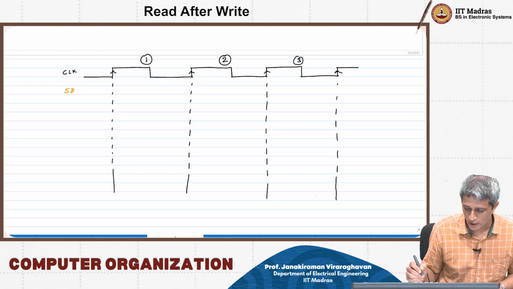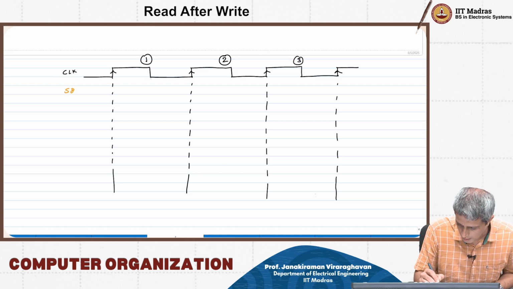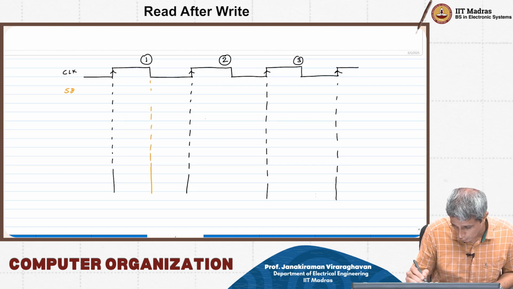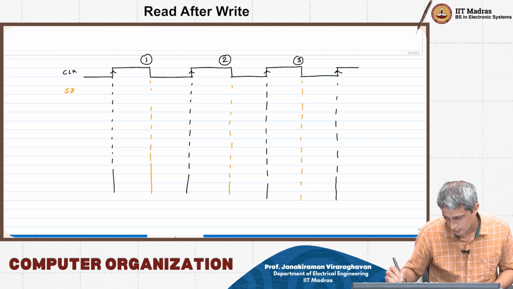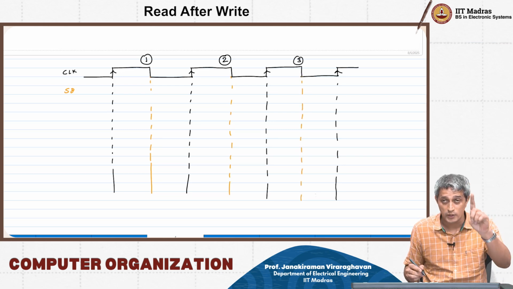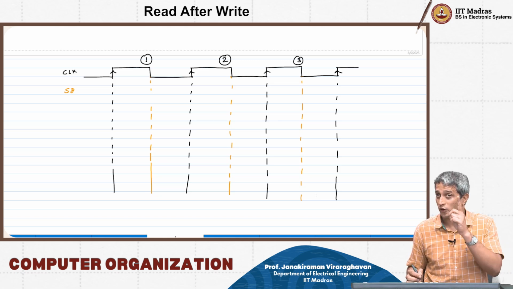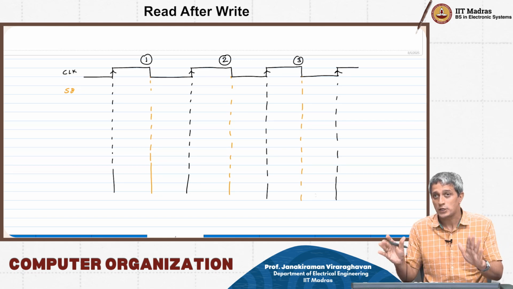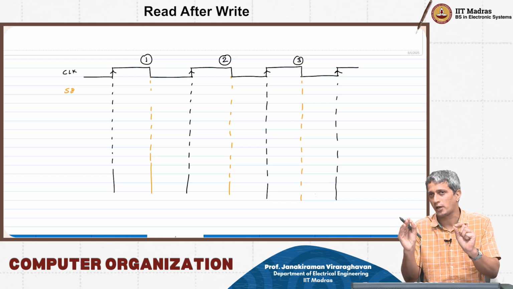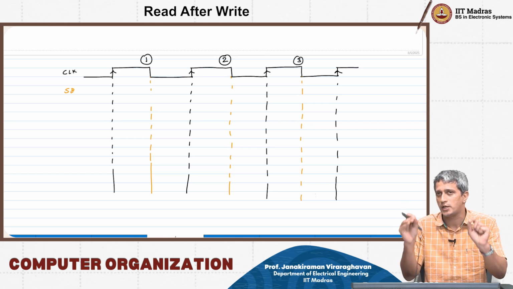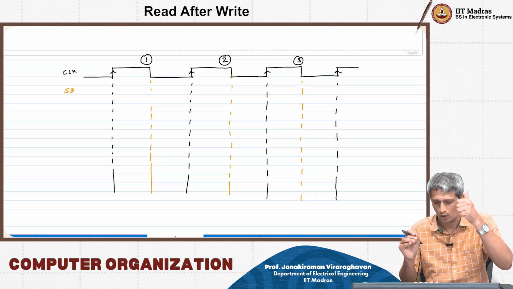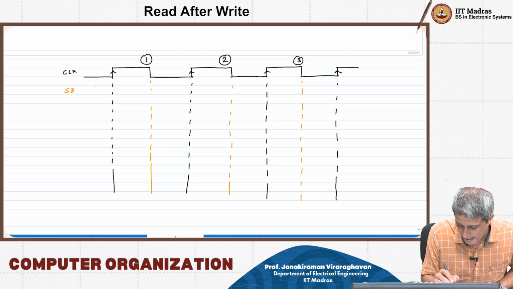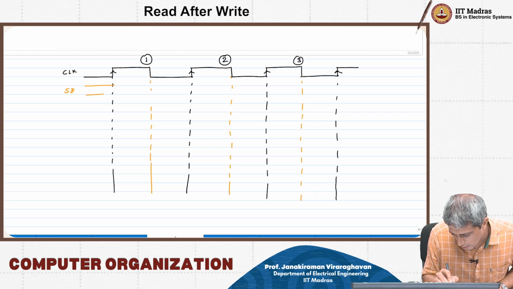Now I will also mark in orange here the falling edge, because I am also interested in clock bar, because the falling edge of the clock is where the rising edge of clock bar will be. Therefore the register file alone, only for the write operation, remember it's only write that is sequential in the register file, is now going to respond to the positive edge of the clock bar. Therefore my S8 will be junk in my first cycle.